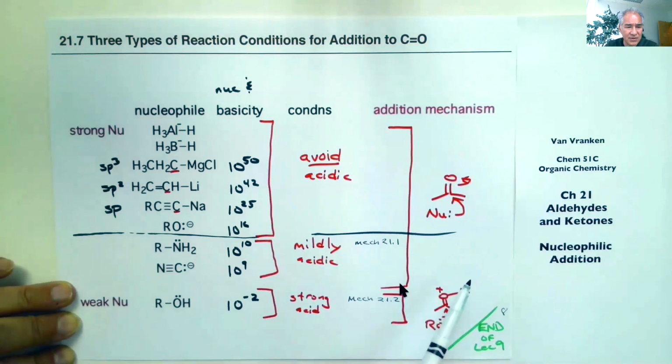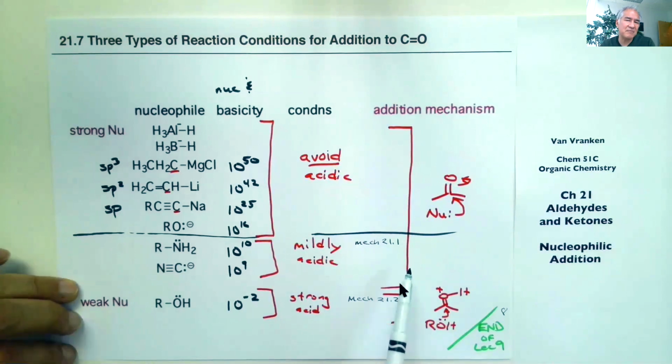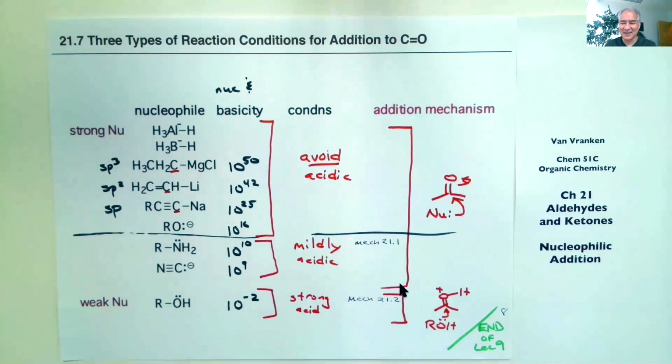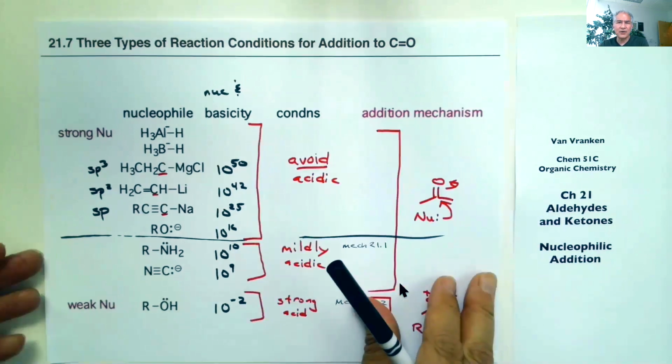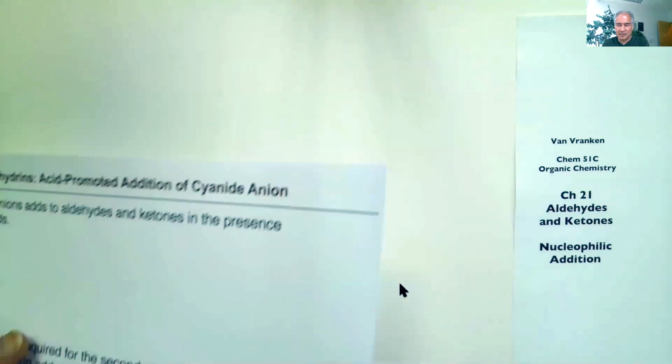Now in this chapter, we're going to start off by talking about conditions where we include the acid in the reaction mixture, mild acids, and that's acetic acid, generally for the amines, and hydrocyanic acid for the cyanide compound. Let's go ahead and get into that and talk about these weaker nucleophiles and how you can actually have proton sources present in the reaction mixture as an essential part of the recipe.